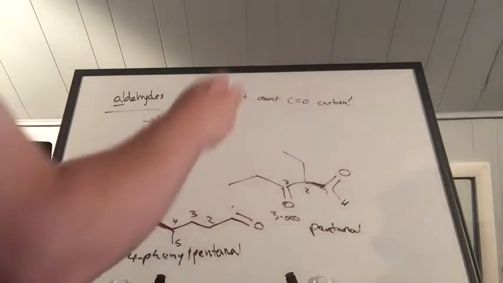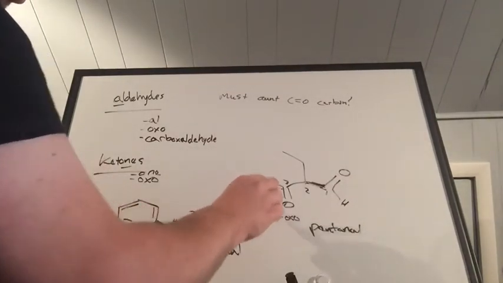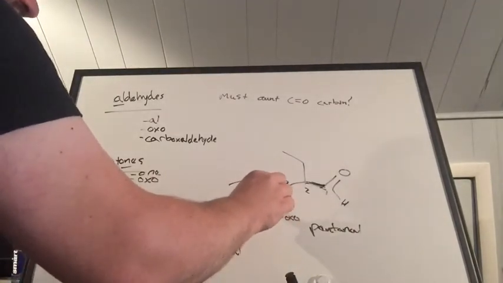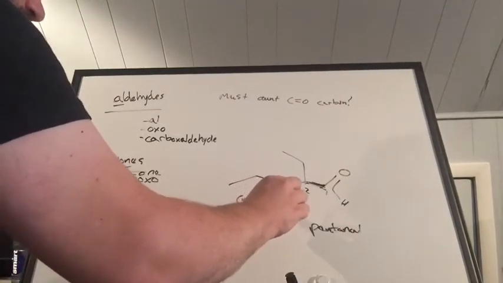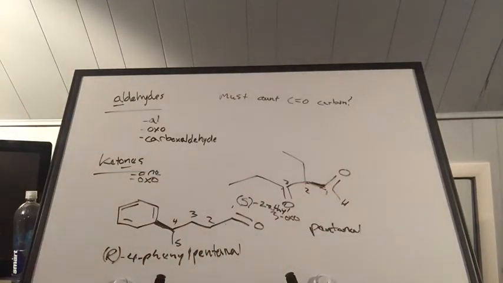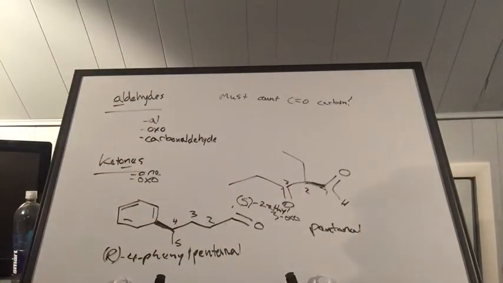So in other words, it should be S. Okay, so it would be S, 2-ethyl, 3-oxo pentanal. So we'll kind of tie everything up in the end when we go over the integrated examples here.